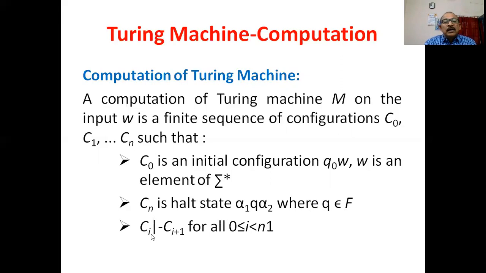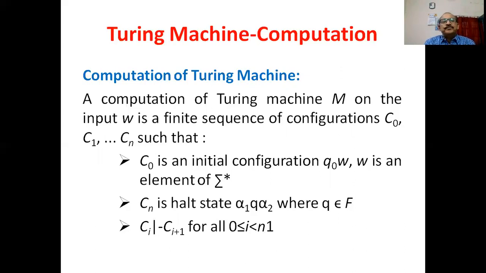Next, with the condition Ci to Ci plus 1, the machine moves from this configuration to only this configuration for all i between 0 and n minus 1. So this way we can represent the computation of a Turing machine when we feed a string into the machine, or when we feed the instruction to the Turing machine.